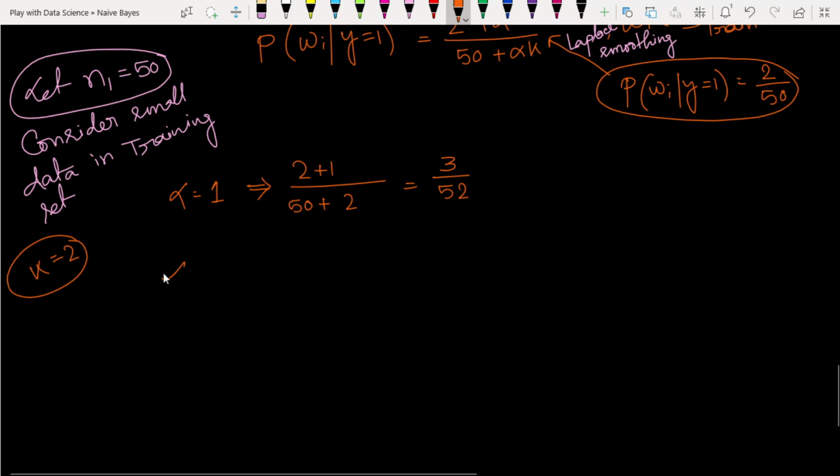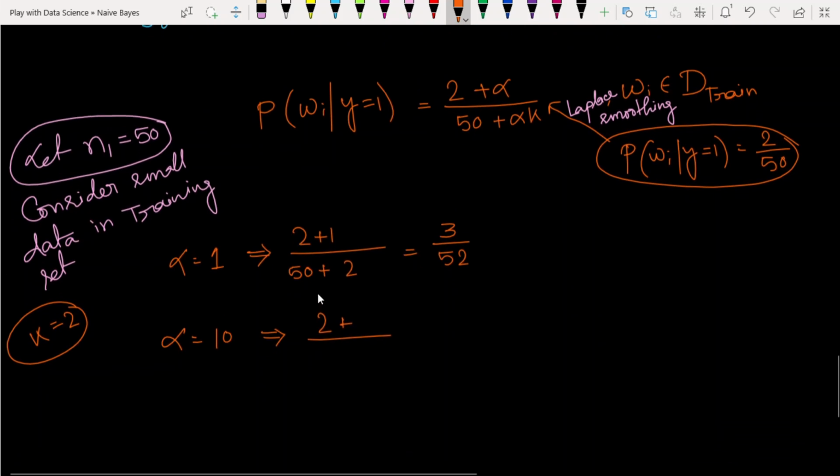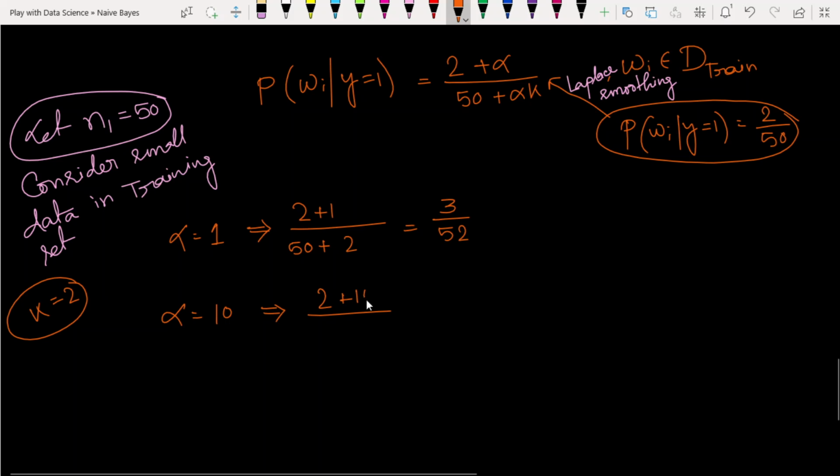Now let's see alpha equal to 10. What happens in such situations? 2 plus 10 over 50 plus 2 into 10, that is 20, so this will now be 12 by 70.